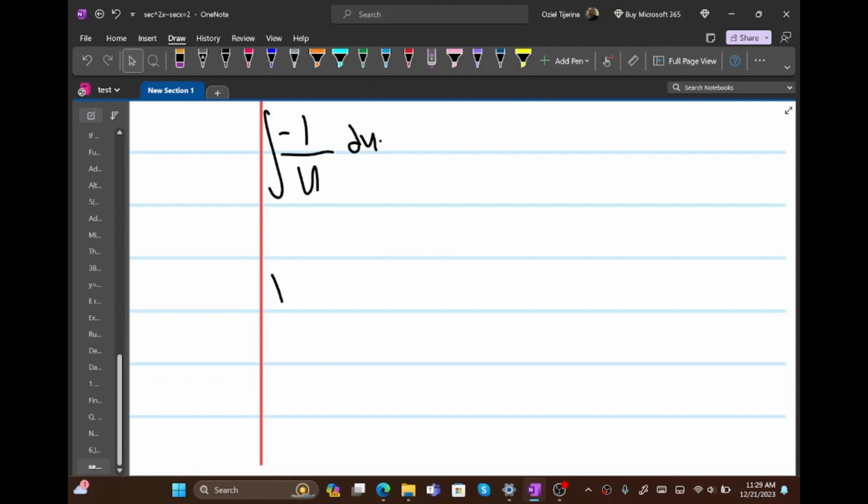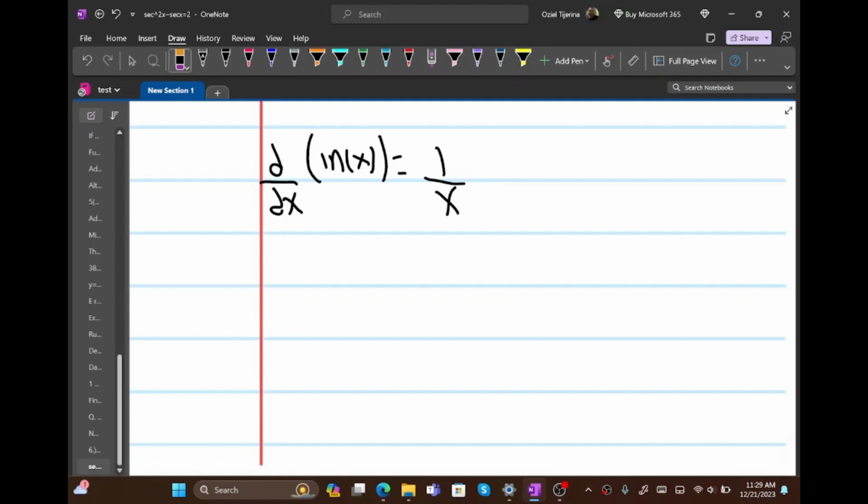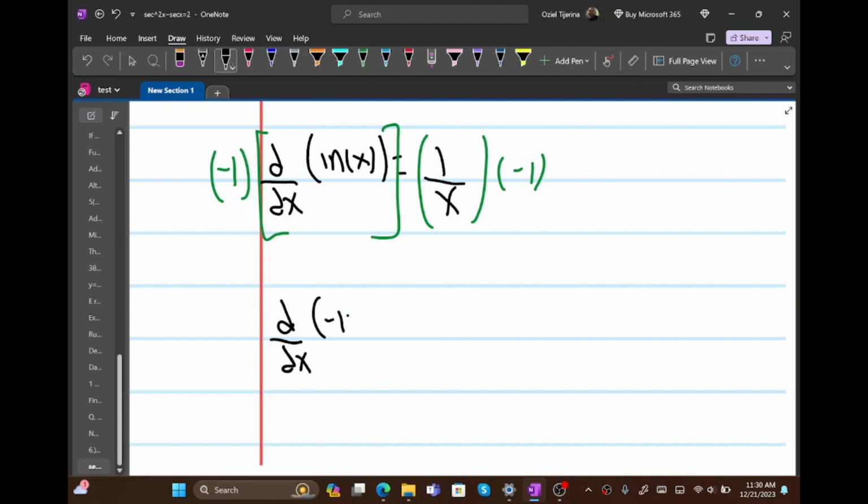Remember that the derivative of natural log of x is 1 over x. If we multiply both sides by negative 1, we can say that the derivative of negative natural log of x is negative 1 over x.